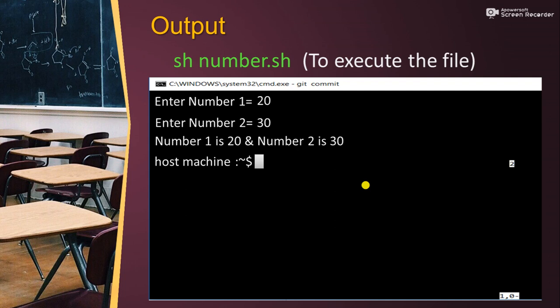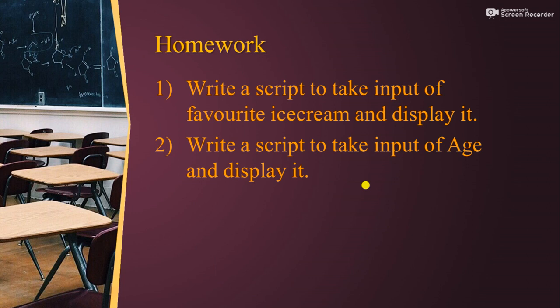So $a and $b display their respective values at output time. And the last line, host machine and dollar, will display the cursor for the next command. So this is how we write scripts in the Vim editor.